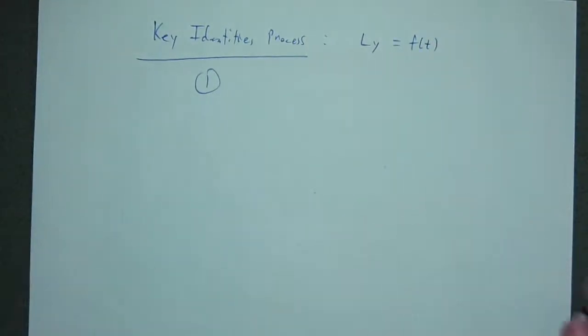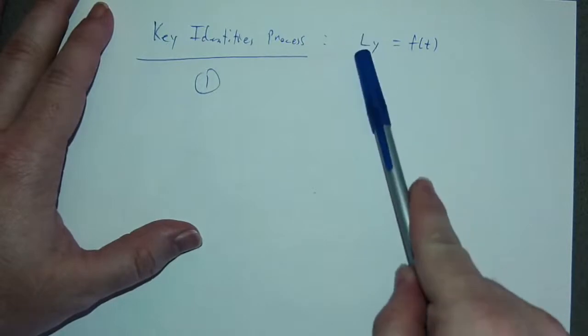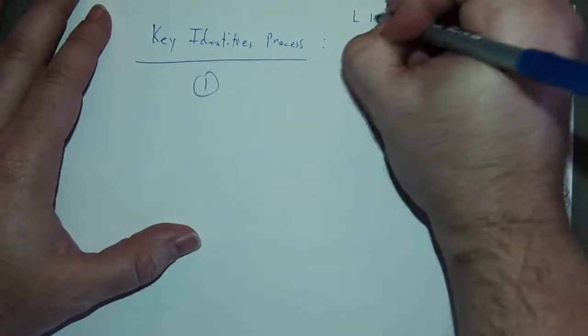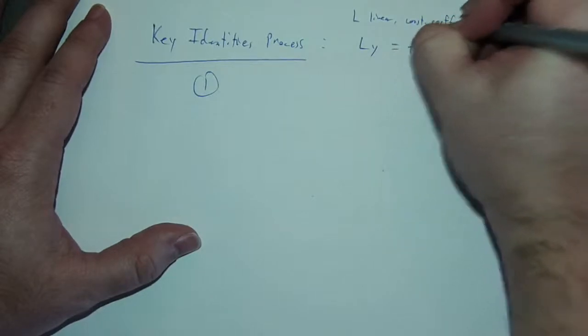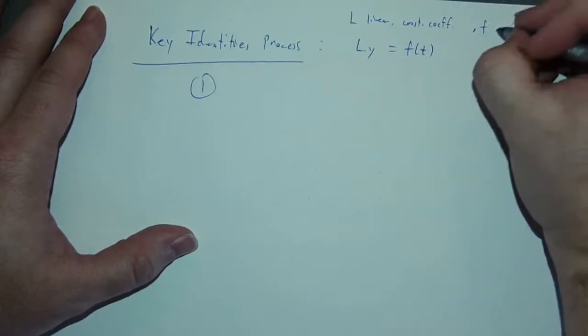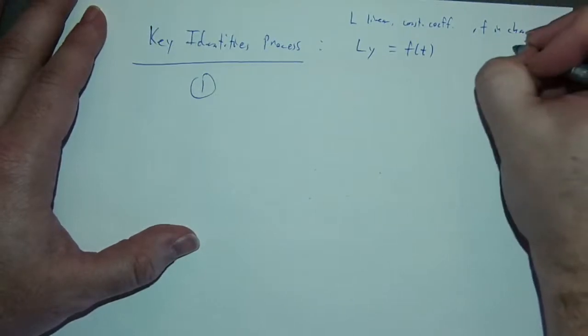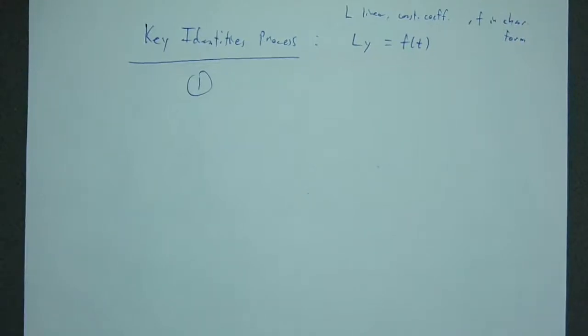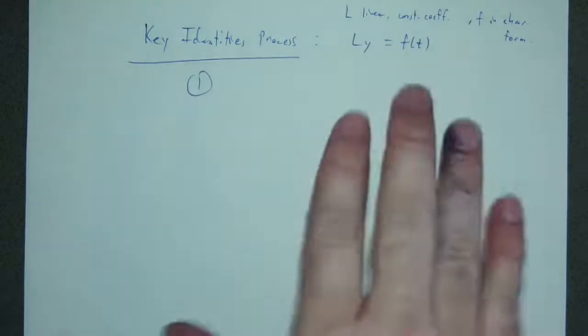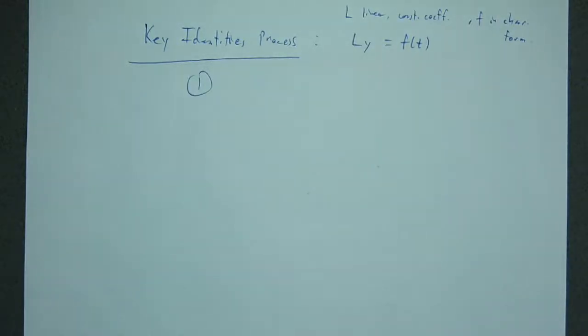Remember, this only works when L is linear, constant coefficient, and F must be in characteristic form. So a lot of restrictions, but assuming all those things work, these are exactly the same restrictions as for undetermined coefficients. Okay, so what's the key identities process?